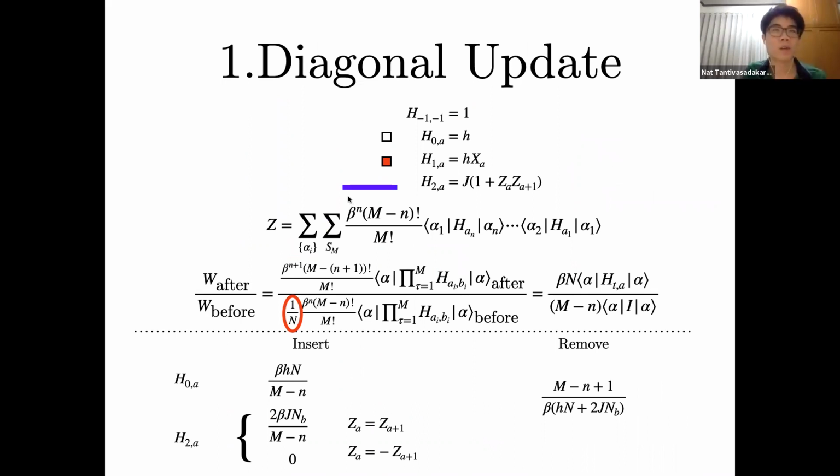And then for each operator here, you're calculating the expectation value for that operator inserted. But in the cluster update, you're just toggling between these two states, these two operators, and they both have expectation value H. So everything before and after just cancel. And so the ratio of the weights is just 1.